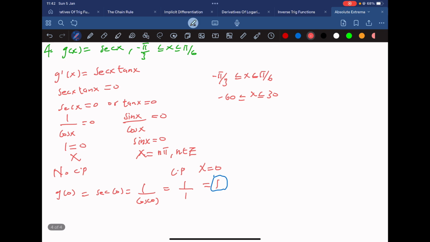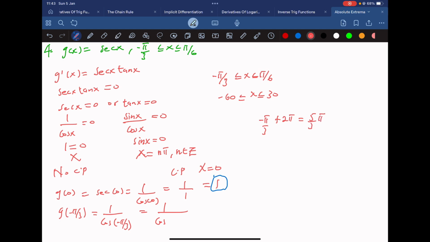And now we have to find g of the endpoint. So g of negative pi over 3 is 1 over cos of negative pi over 3. Remember, if we don't want the negative, we can add 2 pi, which is 360 degrees, and negative pi over 3 becomes 5 over 3 pi.